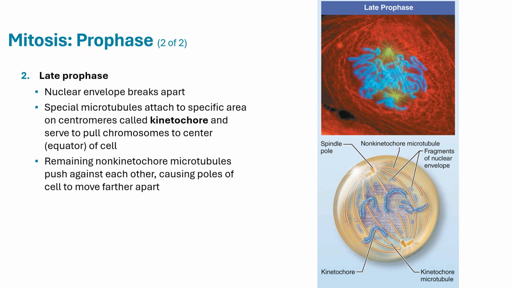Some of the growing spindle microtubules, called connector microtubules, attach to the kinetochores, the special protein structures at each chromosome's centromere. The remaining spindle microtubules are not attached to any chromosomes but function to force the poles apart, because they're going to be pulling it to each side of the cell.